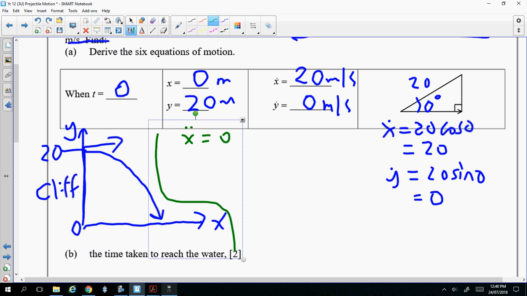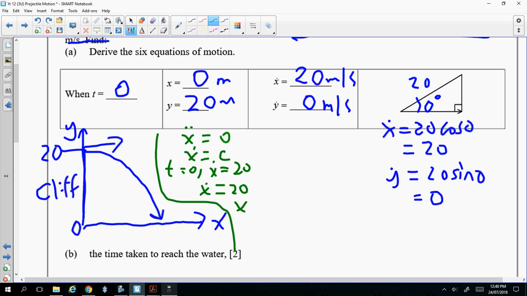Therefore, you get x dot equal to 20. I skipped some steps; you have to write c equal to 20. And then after you got x dot, you find x by integrating again: 20t plus c. When t is 0, x is 0, therefore c is 0. So you get x equal to 20t.